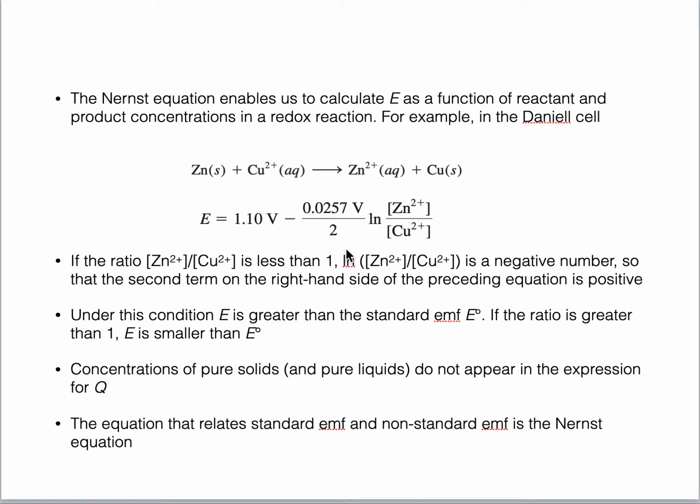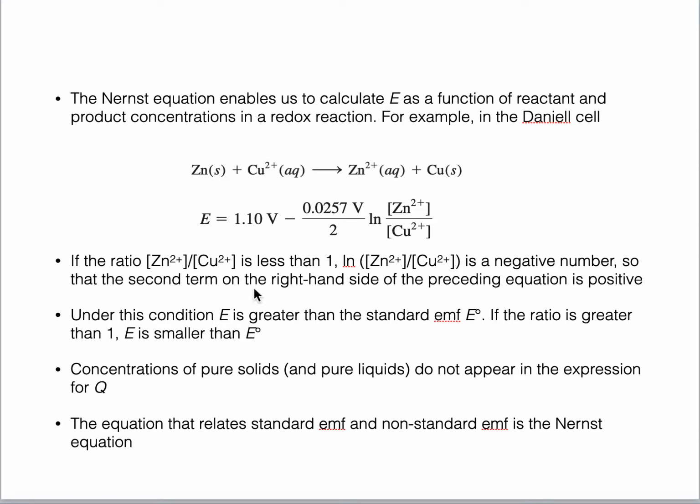In the other case, if the ratio of zinc 2 plus over copper 2 plus is greater than 1, then the natural log will be a positive number. This positive number with the minus sign will become negative, and then it will depend on whether this negative value is less than or greater than E naught. So E can be either positive or negative.